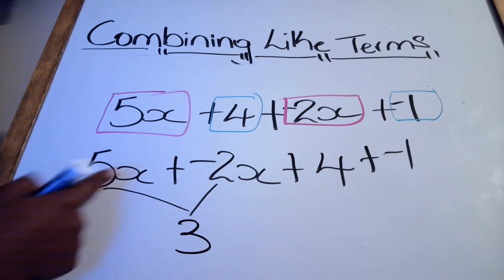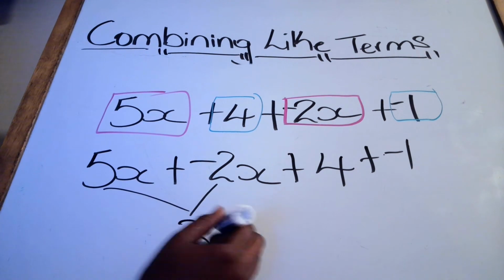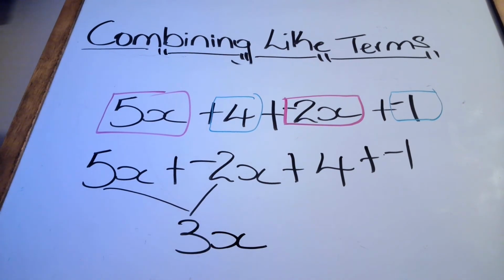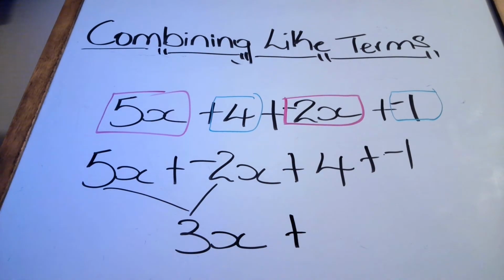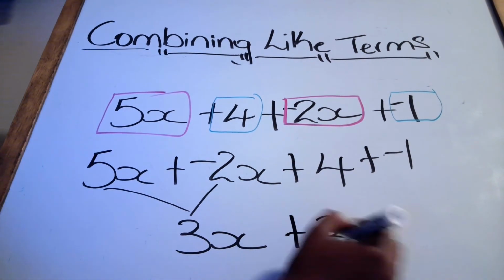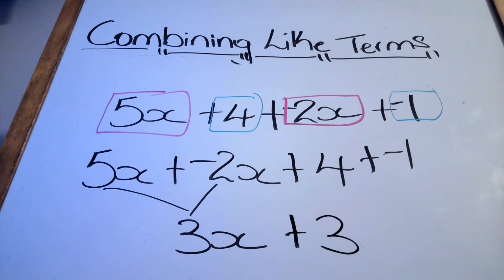So you subtract or you add the coefficients and you write back the variable. 4 plus negative 1, that's going to give me positive 3. So my answer is 3x plus 3. We cannot add these two because they are unlike terms. One has a variable and one does not have a variable.